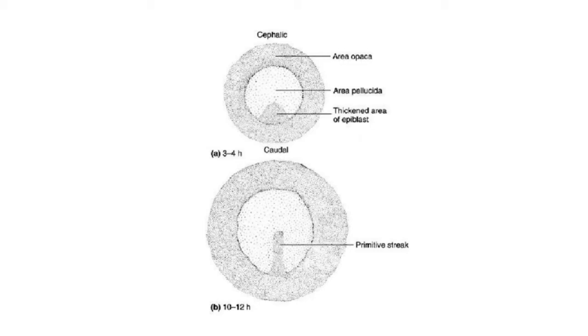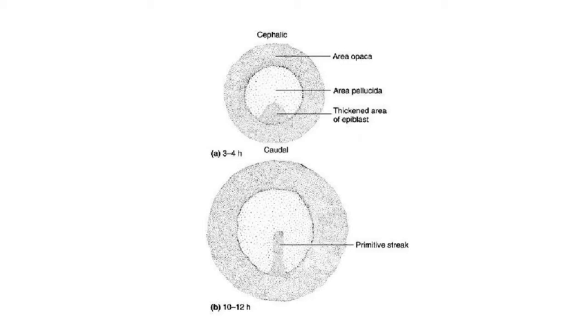At 3 to 4 hours, these are the blastomeres. These are the pure transparent blastomeres that are formed, and these are the yolk-rich blastomeres that are formed. The transparent, clear-cut blastomeres form what is known as the area pellucida.